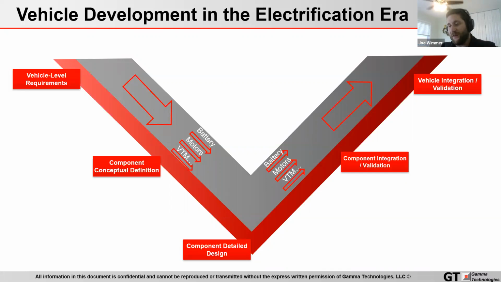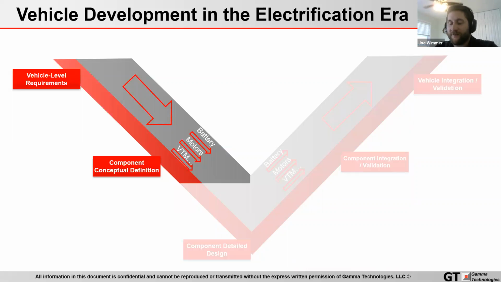And then as you get deeper into the V cycle, we're talking more detailed components. So starting with full vehicle requirement definition and simulation into the actual things like motors and battery design, and then detailed design and analysis, and then putting them all back together for later integration and validation.